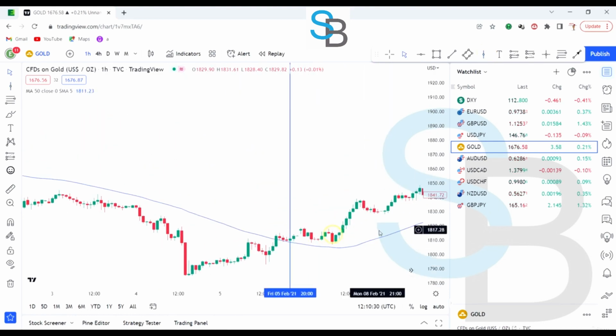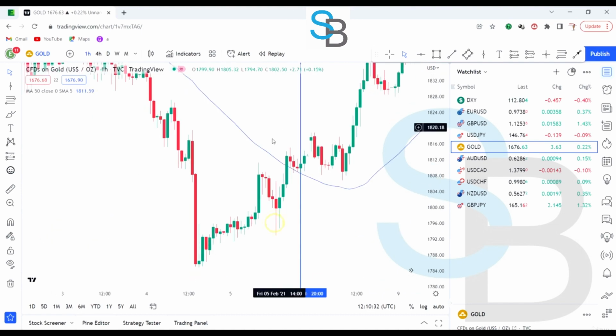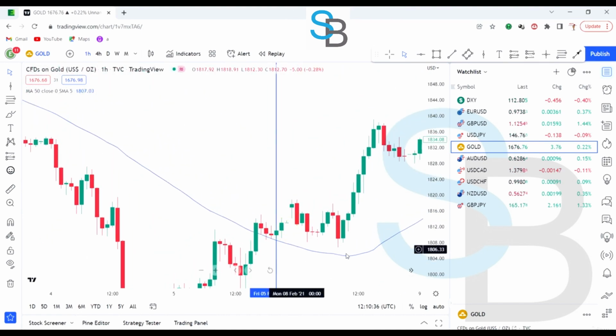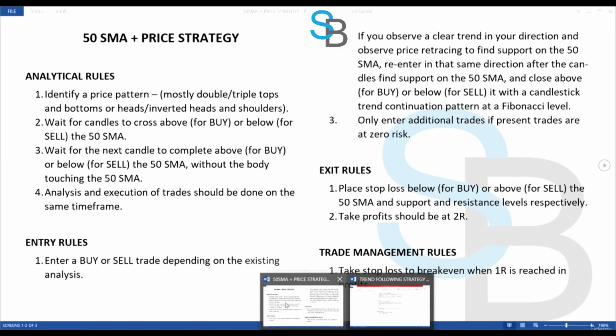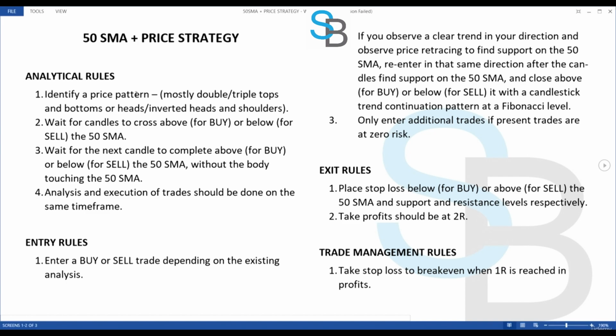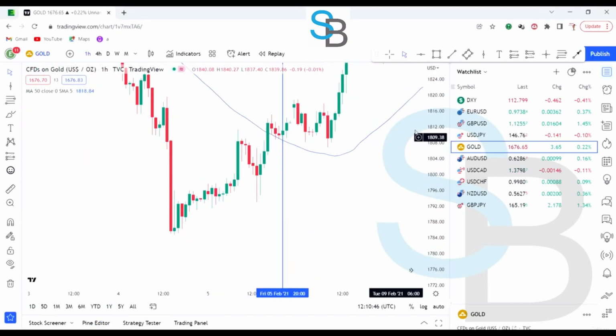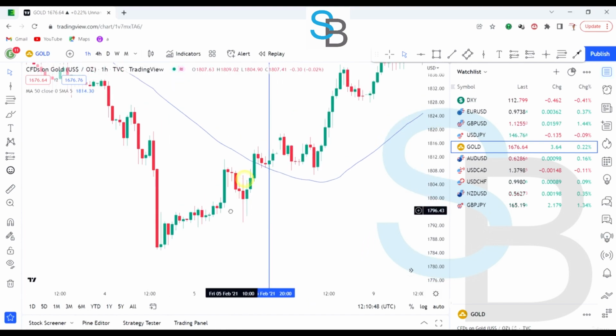So as you can see, now price crossed the 50 simple moving average, right? And then what other rule did we have? We have to identify a price pattern. So let's see if we can identify a price pattern, of course below here.